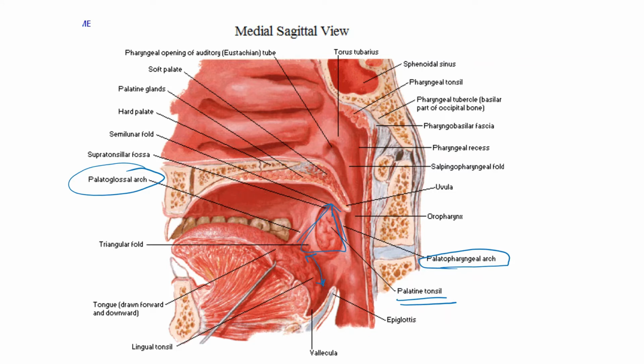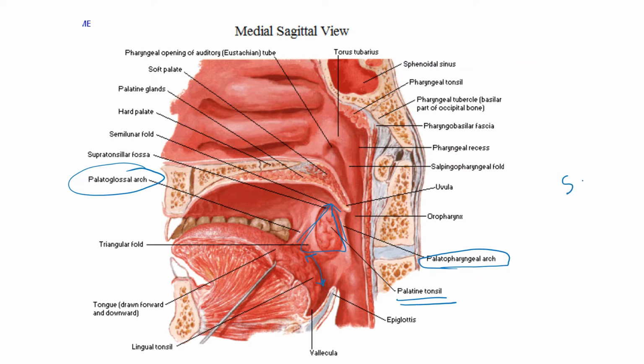The lateral wall or the floor of the fossa, on which the palatine tonsil rests, is formed by two muscles.